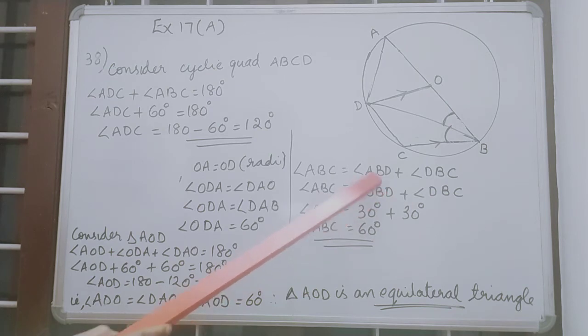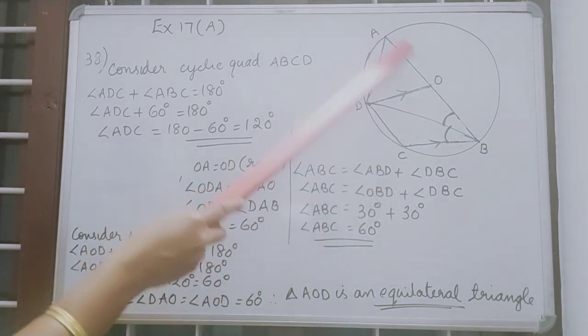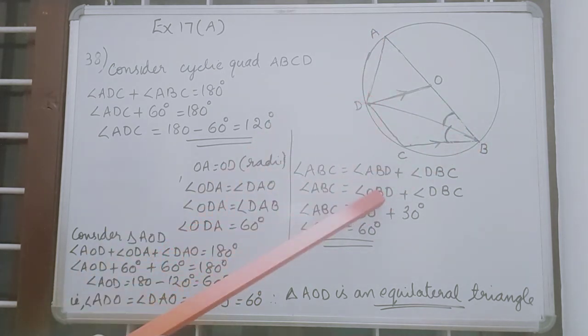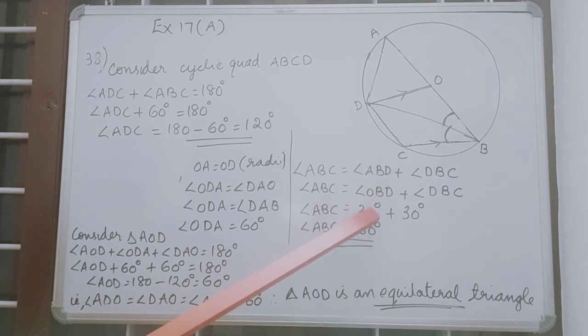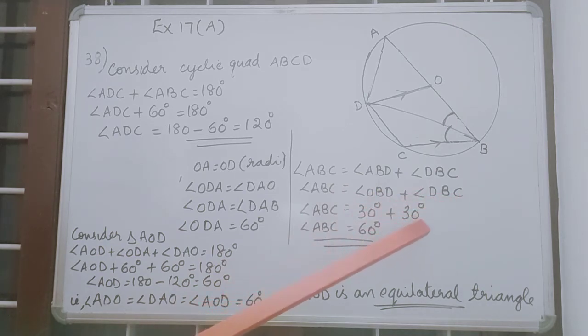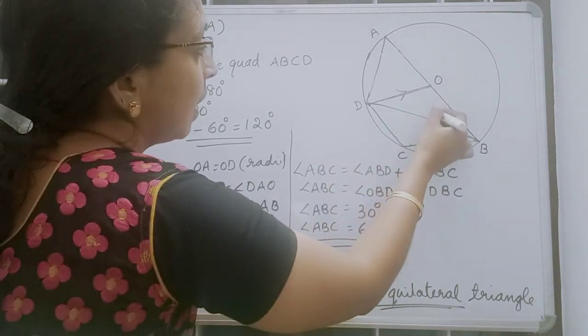See, why are we writing OBD instead of ABD? We have OBD as 30 degree from the first part, and DBC also we have 30 degree. Already we proved these two are 30 degree.